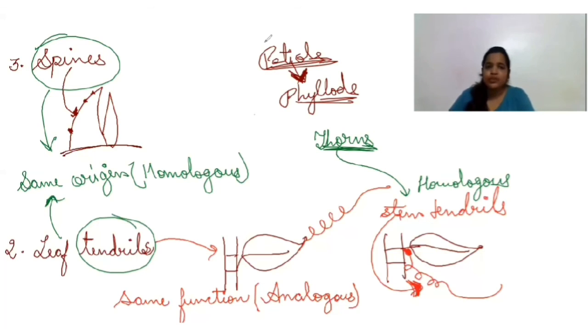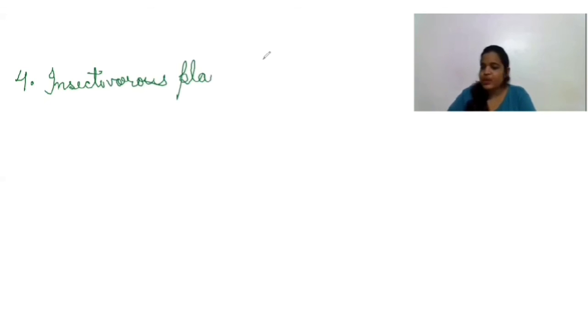So here we are done with the 3 modifications. We are left with the last modification, that is number 4. The plants with this type of modification of leaves are known as insectivorous plants. Now, usually plants grow in well fertilized soil.